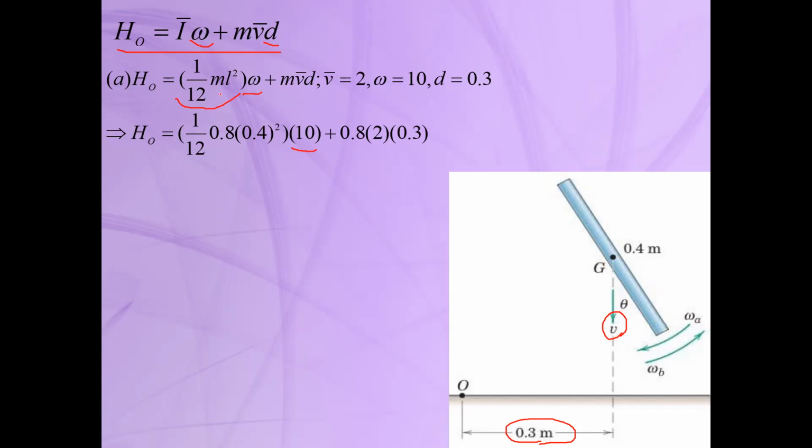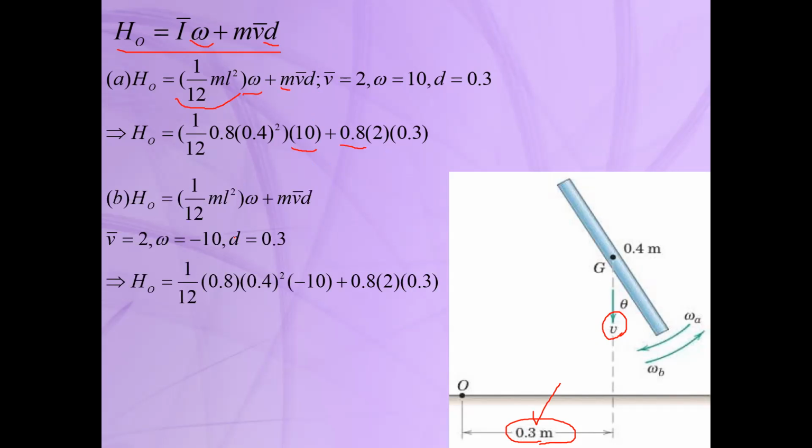For a slender rod, we know it's equal to 1 divided by 12 times m l squared, plus m v-bar d. Again, m is the mass, 0.8, v is the velocity, and d is this length, 0.3 meters.